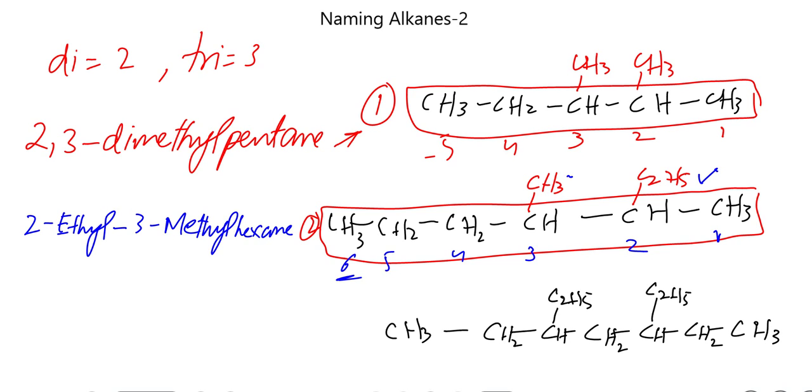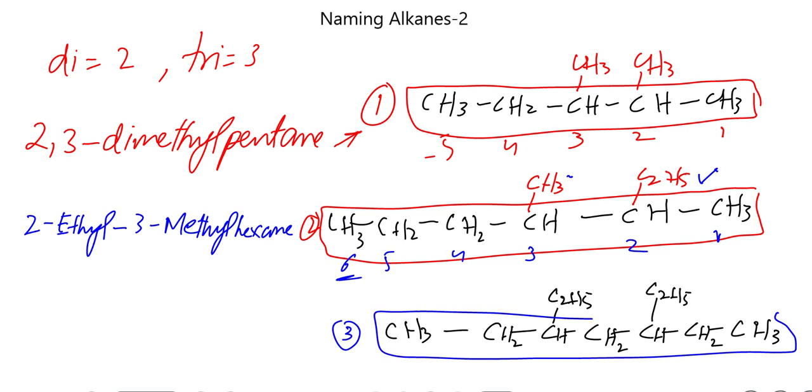Alright. In the third example, where you have this longest carbon chain, 1, 2, 3, 4, 5, 6, 7, yeah. You will have to start numbering from this terminal because this is closer to branches. 4, 5, 6 and 7.